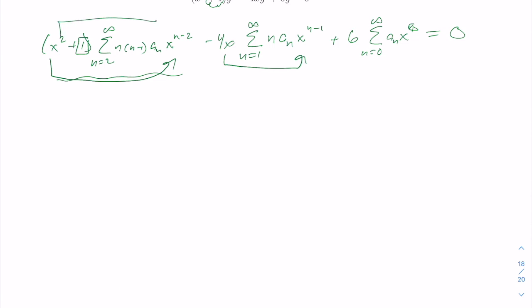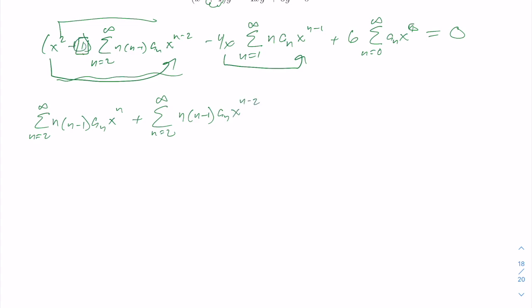So let me send in the x first, and that gives me the sum n equals 2 to infinity of n minus 1, a sub n x to the n. Okay, that's sending in the x squared, plus the sum n equals 2 to infinity of n minus 1, a sub n x to the n minus 2.